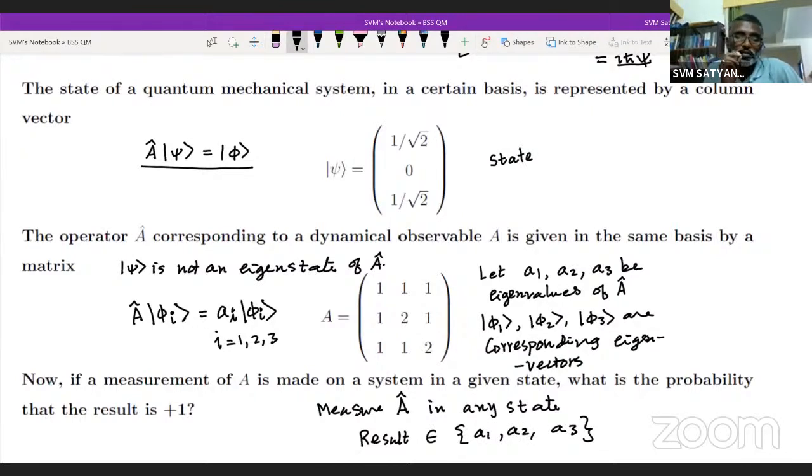What changes from one state to another is the probabilities. The probability of getting A1, of getting A2, of getting A3 will be different for different states. But the result will not be anything different from A1, A2, A3. Is this clear?